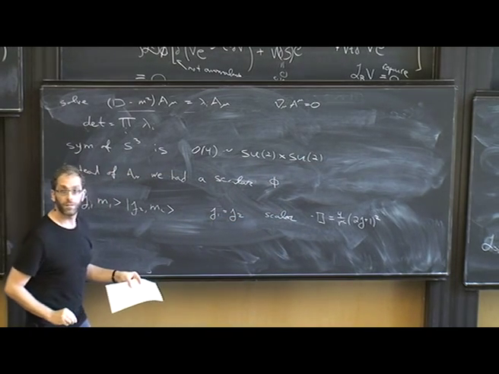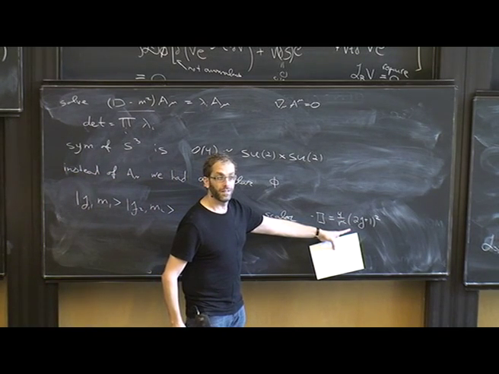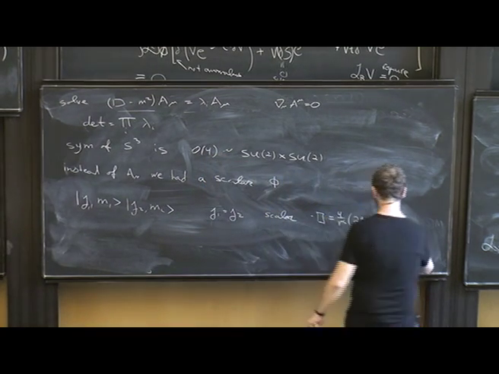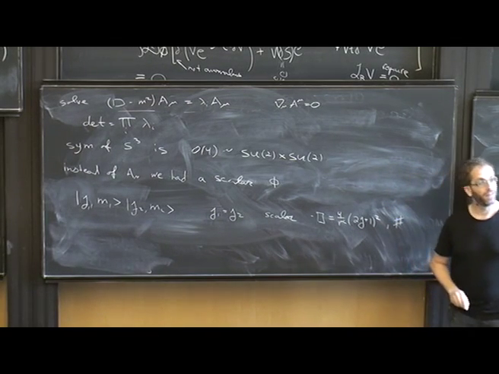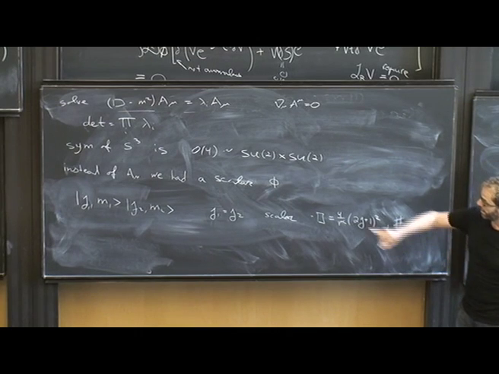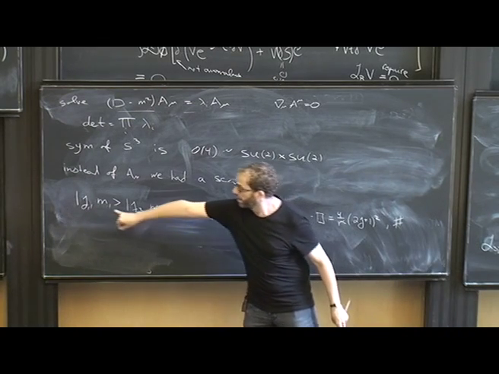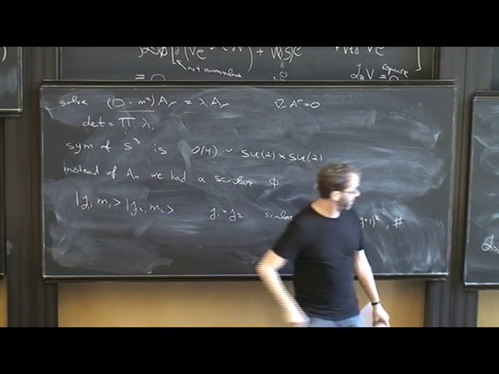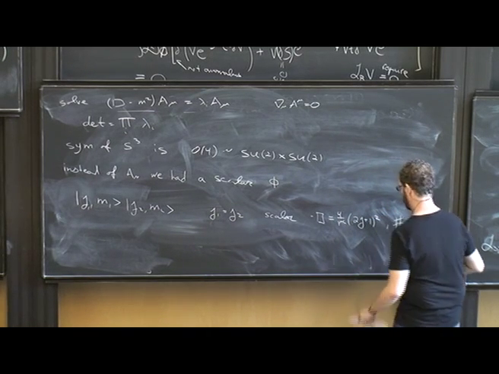So that is different from on S2. What is it instead on S2? J times j plus 1, yes. And the multiplicity? 2j plus 1 in SU2 and for S2. For S3? 2j plus 1 squared.